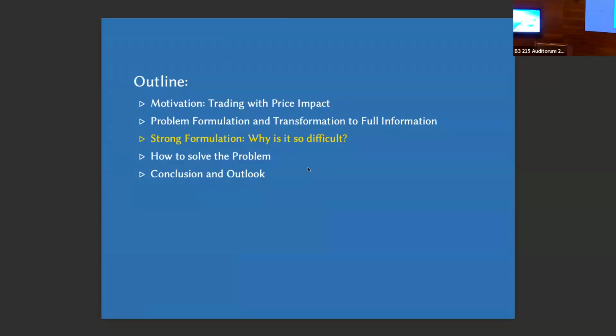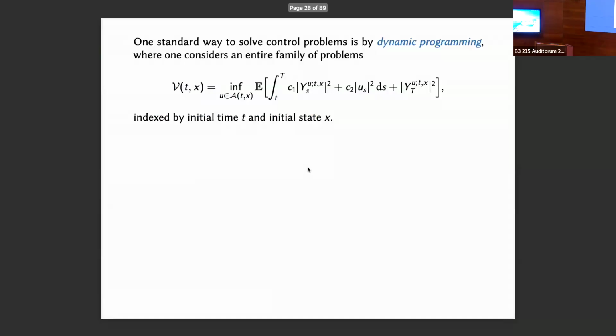All right, let's try to figure out why. So why is it so difficult to work with this problem? Let's start with what we usually would like to do. We want to apply dynamic programming arguments. This means that instead of just looking at this one optimization problem, minimizing the cost, we are now introducing an entire family, indexed by initial time and initial state.